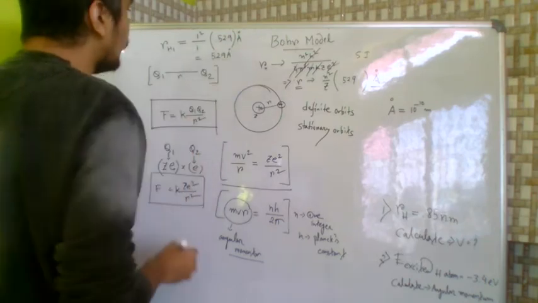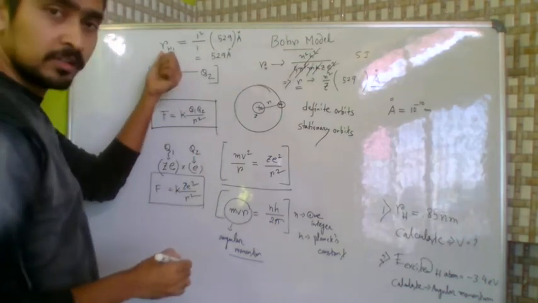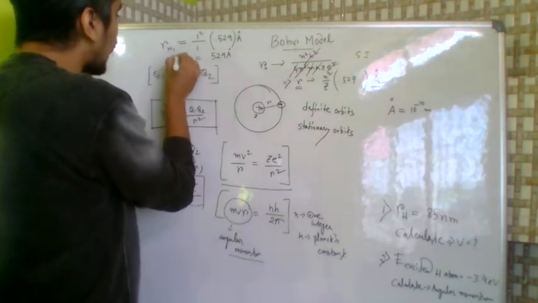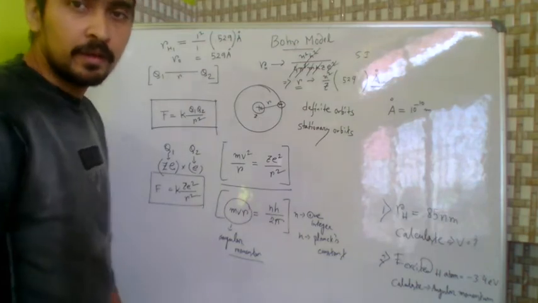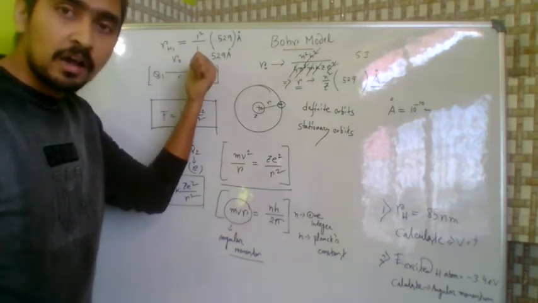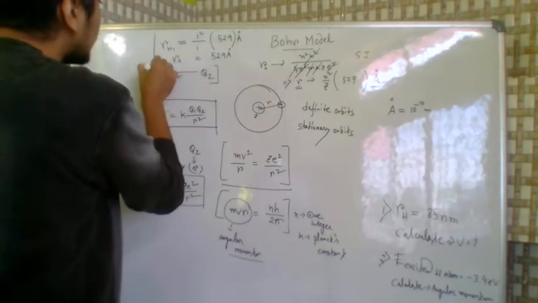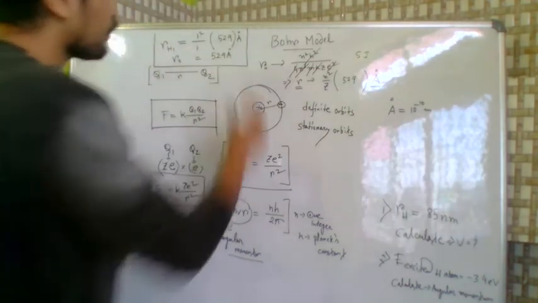This is the radius of first orbit of hydrogen. It is also called R0.